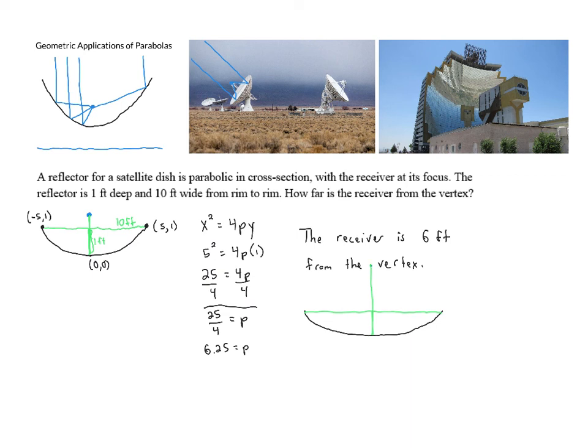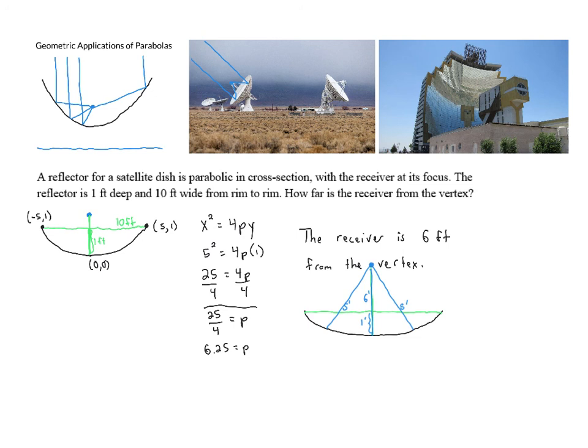If we were to try and draw what this satellite dish would look like, the receiver would be up at the top, and then of course we have to draw the parts that connect the receiver with the reflector, and it would look something like this, and this distance would be 6 feet. Each of these distances on the side would be 5 feet in each direction, and then this distance down here would be 1 foot. So in total, the receiver is 6 feet from the vertex.